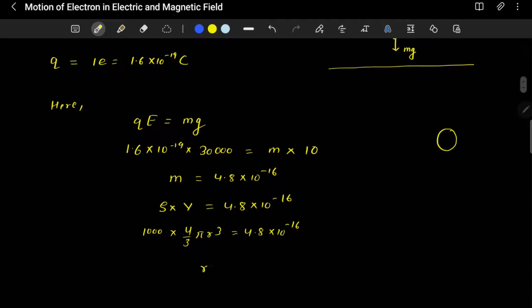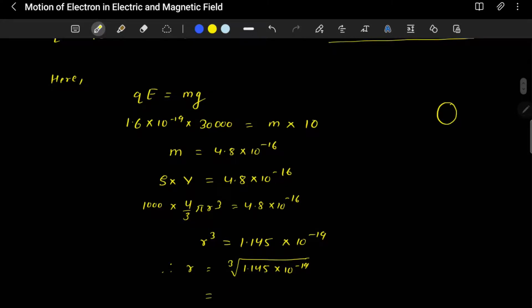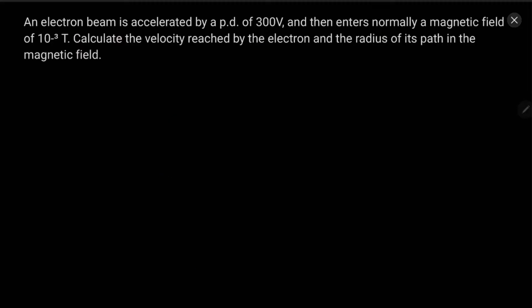Now substituting all the values, we get r cube is equal to 1.145 into 10 power minus 19. Therefore r is equal to cube root of 1.145 into 10 power minus 19, which is 4.85 into 10 power minus 7 meter, the required answer.